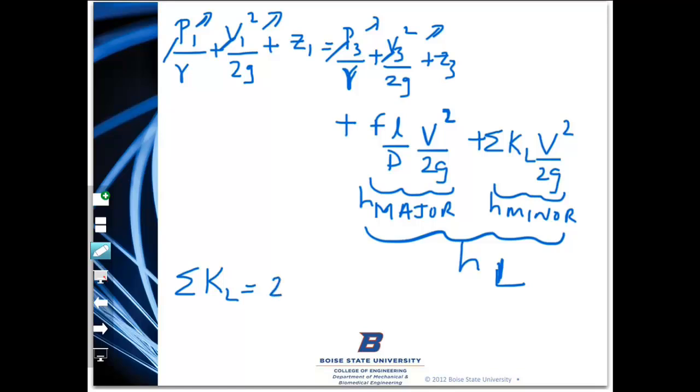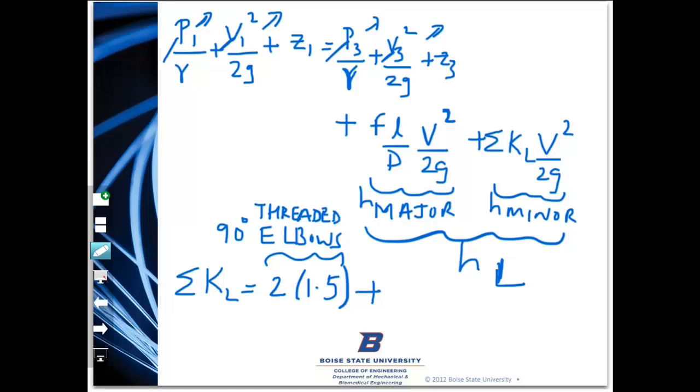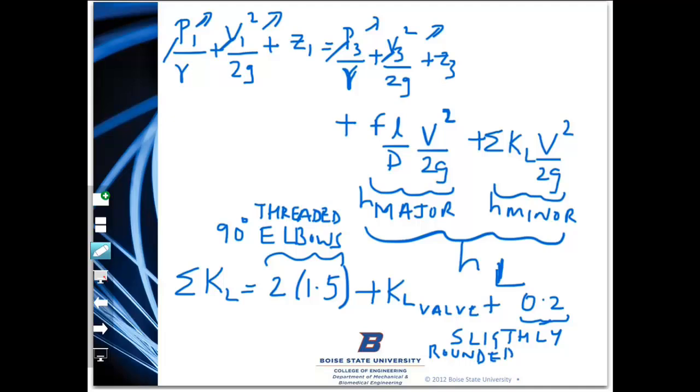So it would be 2 times 1.5 because there are two 90-degree threaded elbows, plus you have the loss coefficient in the valve, plus 0.2 where this is a slightly rounded entrance.